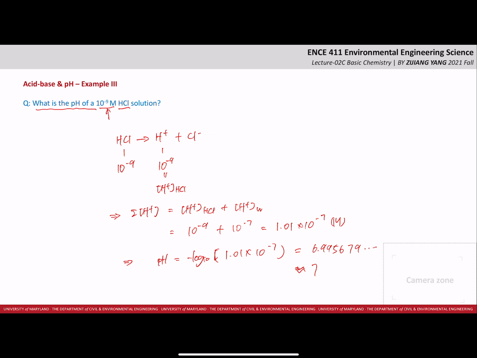So we can see that even though we add HCl, the concentration is pretty low. It is only 10 to minus 9. So the influence is very small, and the pH of the water will not change a lot. It is still 7. So that's it.